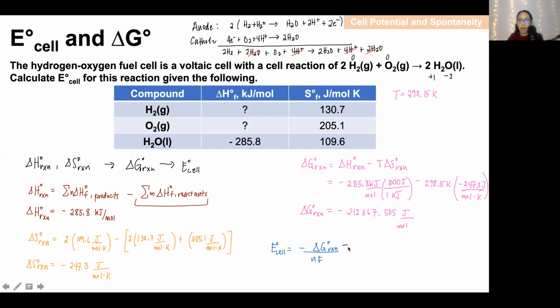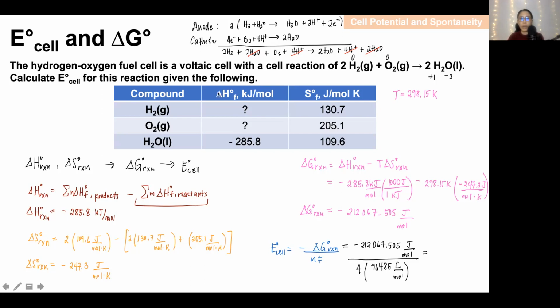So now we have negative 212,067.505 joules per mole divided by 4 times 96,485 coulombs per mole. So this is equal to that's 4 times 96,485.